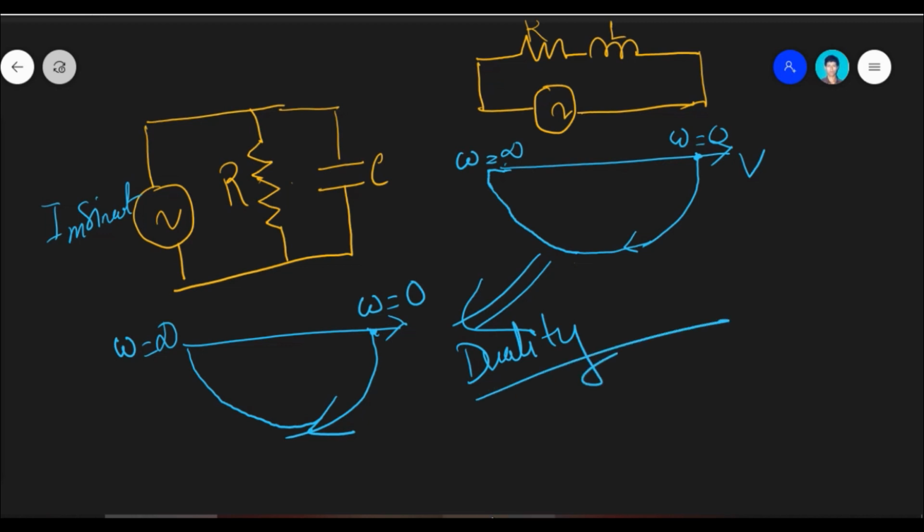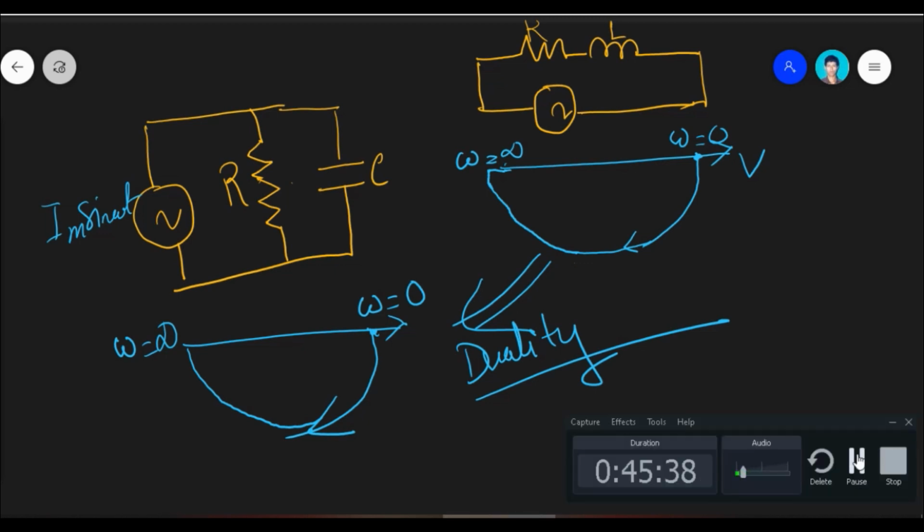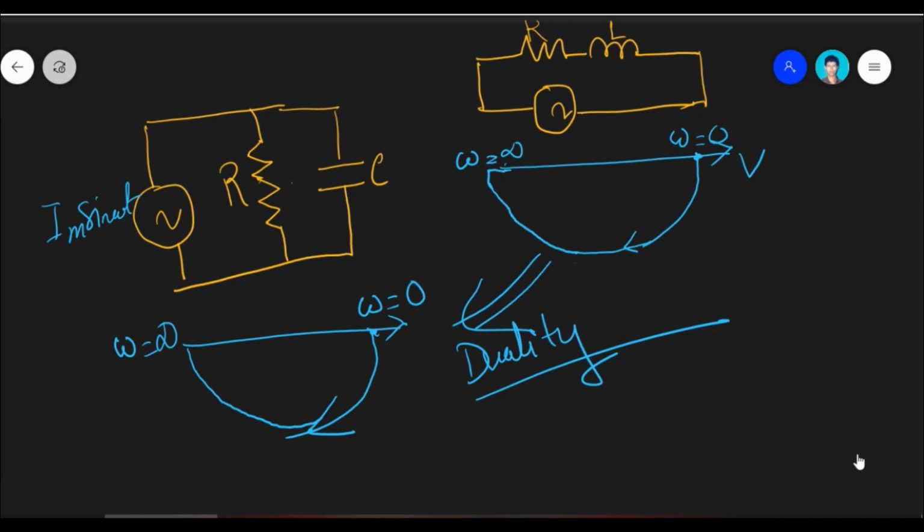Let me check whether we can get the similar equation for the RC parallel circuit with a constant current source. The voltage across these will exactly reciprocate, or the curve is reminiscent of whatever we get for the RL series circuit with a constant voltage source.